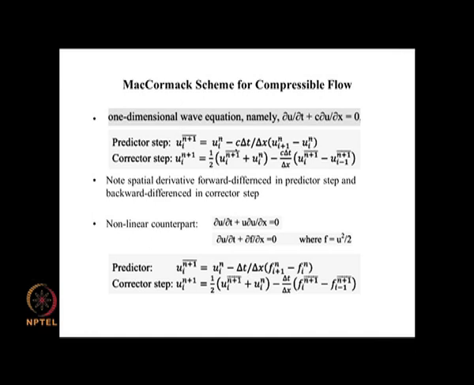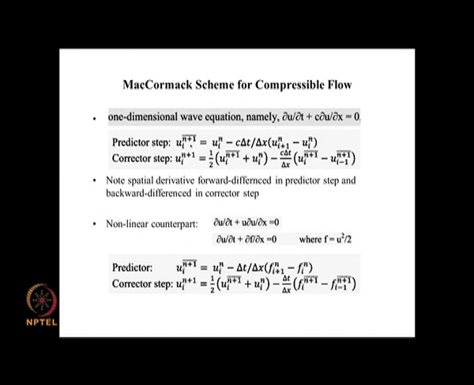If you look at this step carefully, this is nothing but FTFS, because if you bring this here and then divide by delta t, this ∂u/∂t is being evaluated as (u_i^(n+1) minus u_i^n) divided by delta t, and ∂u/∂x is being evaluated as (u_(i+1) minus u_i) by delta x. So, this is the FTFS explicit form, which we know is unstable.